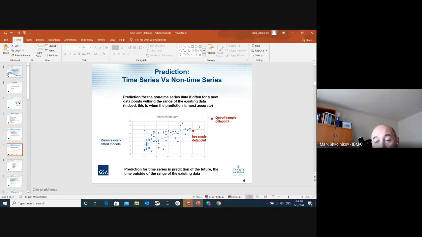We are maybe more interested in this, but we need to know that these predictions are way less accurate, and I hope you remember that we talked about overfitted regression models. If your model is overfitted, you cannot imagine how it will go out of sample. It will go almost vertically up or down.